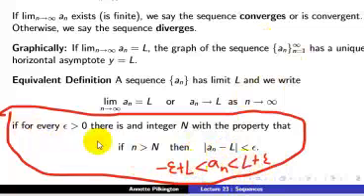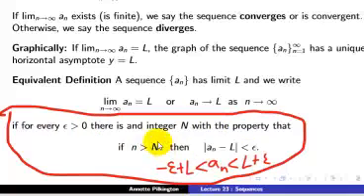So let's read this one again. For all epsilon there exists an integer capital N such that all integers bigger than this uppercase N imply the terms of the sequence are within that ribbon.